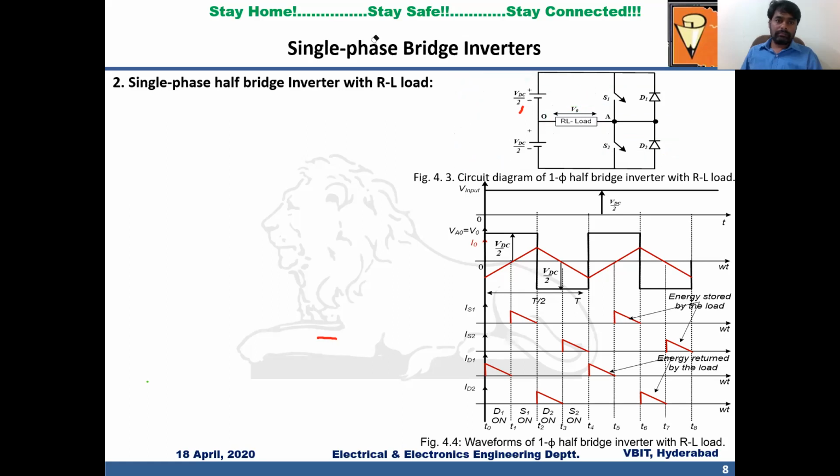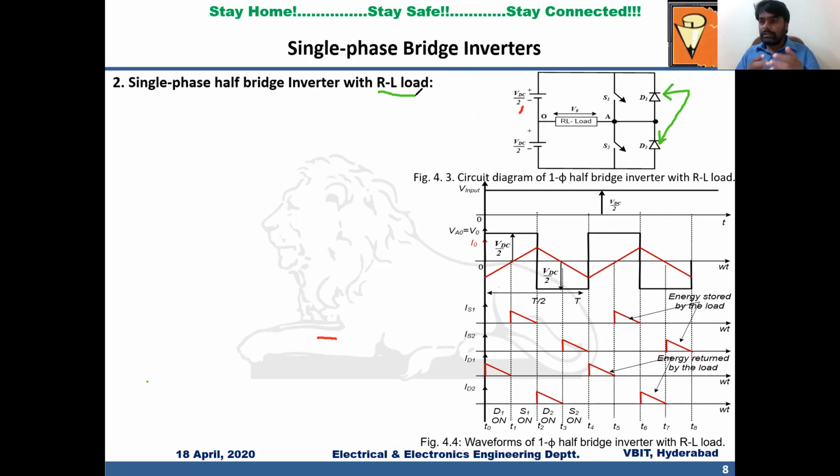Now, in case of resistive load, we have seen that diodes are in off condition, because with respect to the input supply, diodes are in reverse bias and will be off. Now the load is R and L, so they will come into the picture. We'll see how the diodes come into the picture.